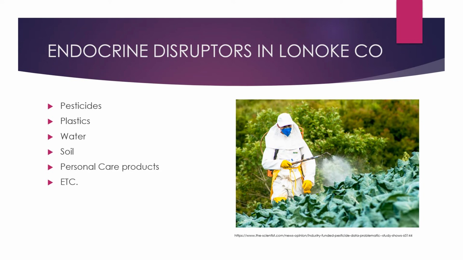So now we're just going to go a little bit more into endocrine disruptors in Lonoke County specifically. I already touched on this a decent amount in the last slide, but like I said, primarily it's going to be pesticides. So limiting that will be important.